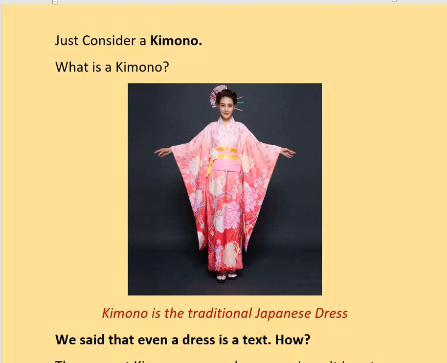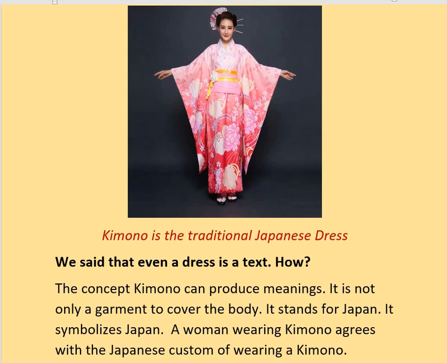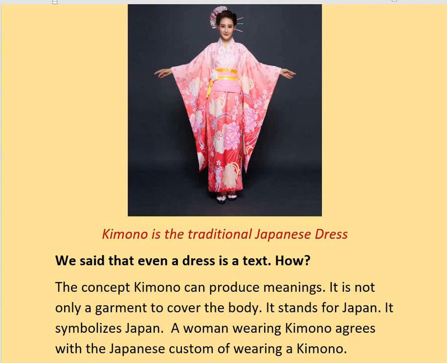How? The concept of kimono can produce meanings. It is not only a garment to cover the body, it stands for Japan. It symbolizes Japan. A woman wearing kimono agrees with the Japanese custom of wearing a kimono.